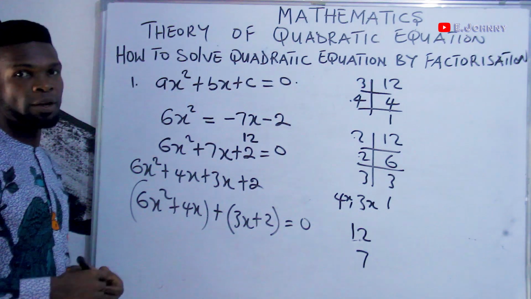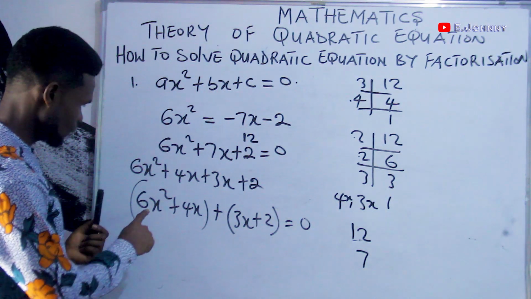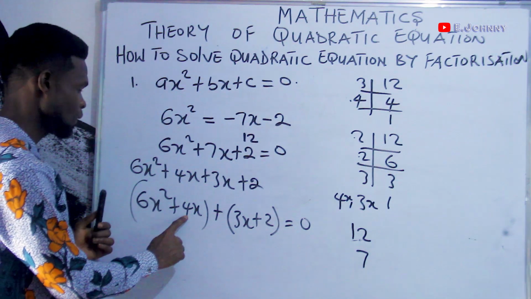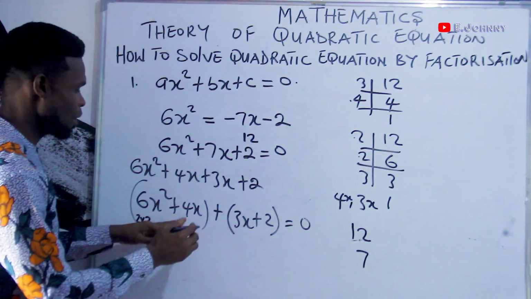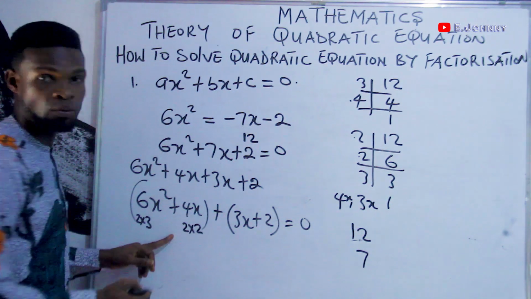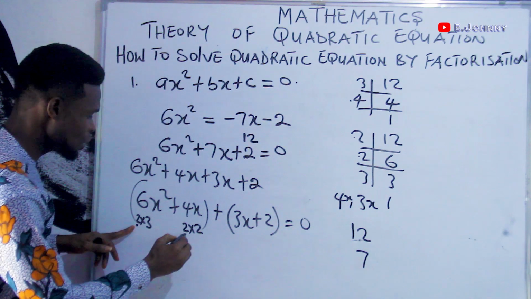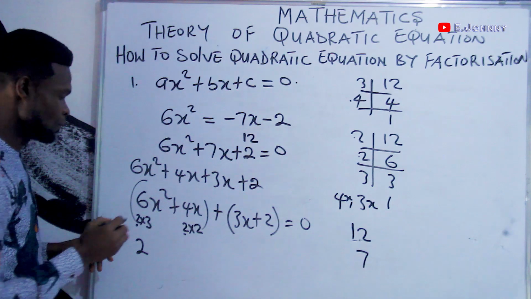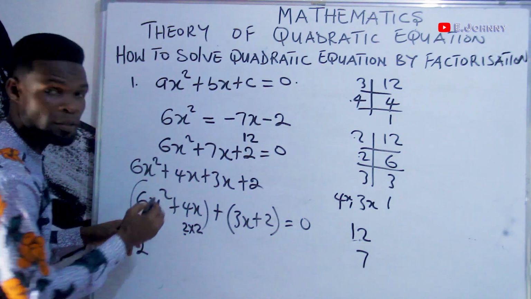Now let's factorize. You see, we are going to ask ourselves what is common here and here. So you will agree with me that 6 here is 2 times 3 and 4 here is 2 times 2. So that means that 2 is common here, 2 is common here. I will factor out 2. Okay. X, how many x is here? 2.